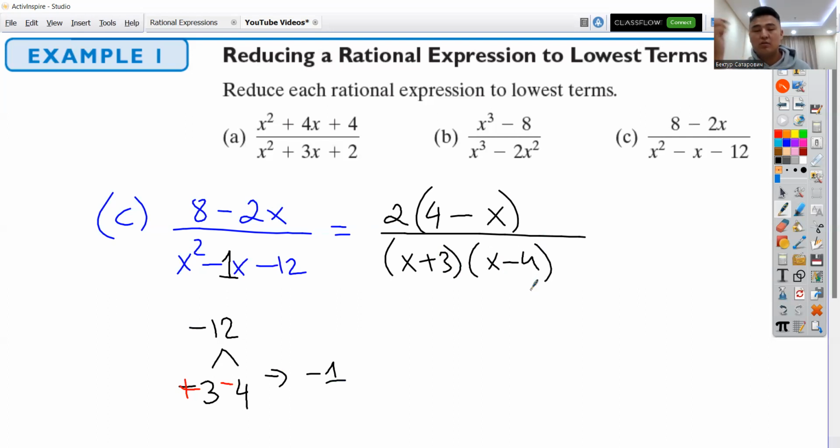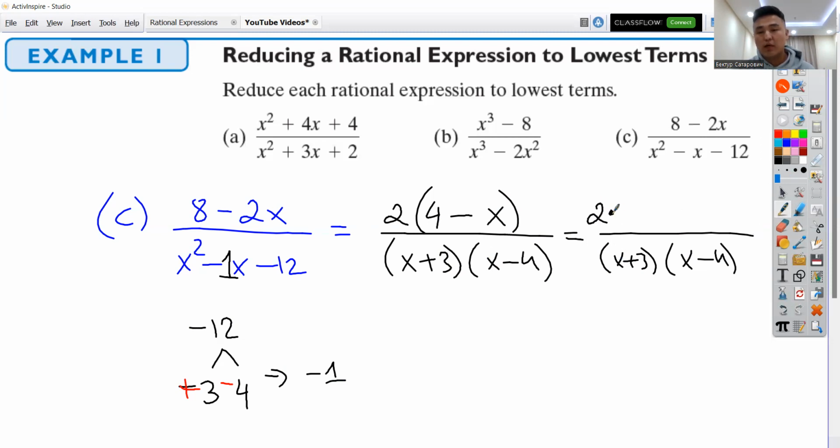I would like to simplify here, but it seems like it doesn't work. I have similar, but not exactly the same thing. What we can do in this case is rewrite it. We are not touching the denominator here. In the numerator, I rewrite 2 multiplied by negative 1 in brackets, negative 4 plus x. So this 2 remains the same.